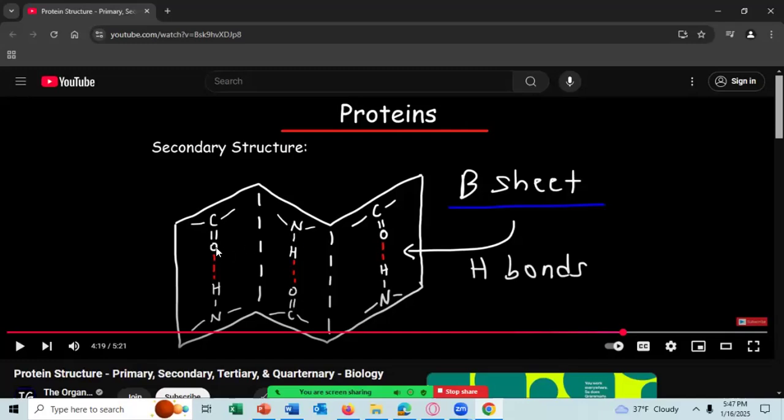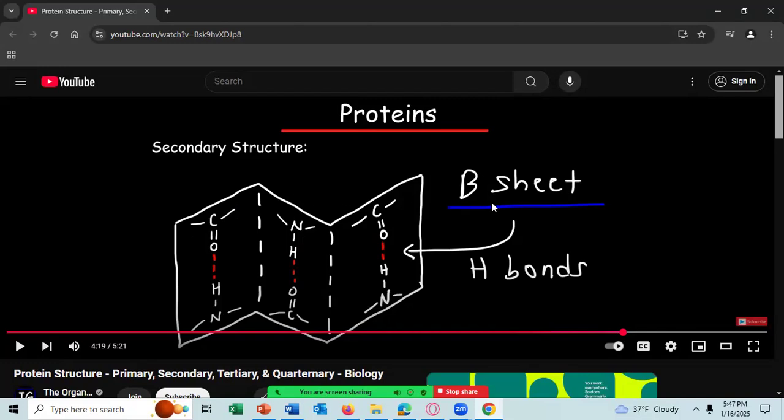Another attraction would be if you had an amino acid with a negative charge and an amino acid with a positive charge. That would be causing an ionic bond between them. And that would be also a way that the secondary structure could be stabilized.